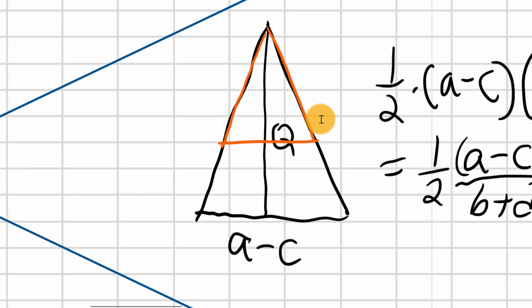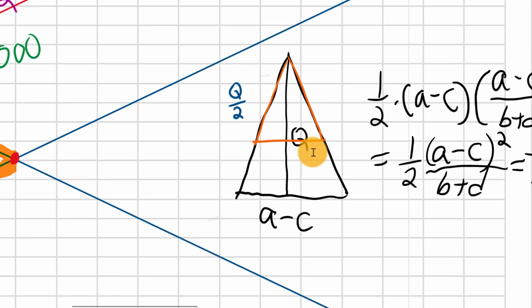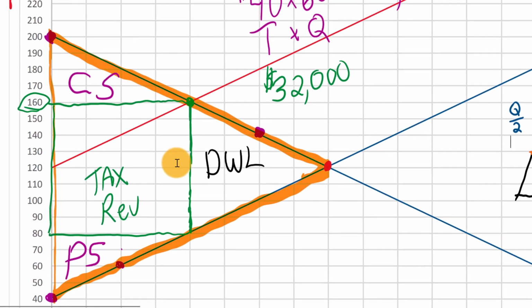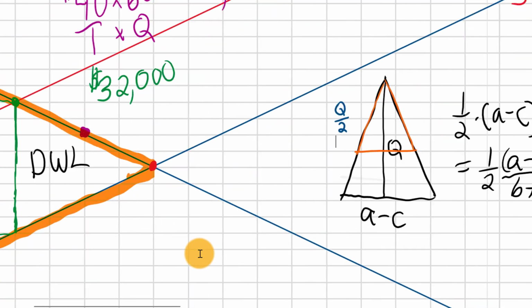Then what is the area of this deadweight loss triangle always going to be? Well, we know the height of the triangle is Q over 2, or half the height of the total triangle. And then we know the base is going to be the tax level, right? Whenever we look at that deadweight loss, the base of that triangle is always that tax level.